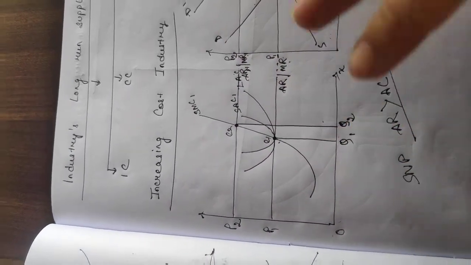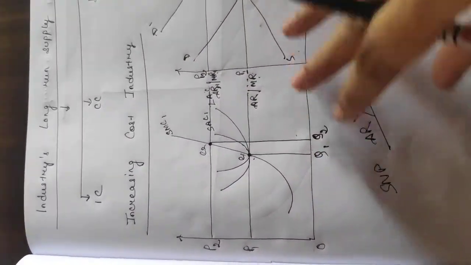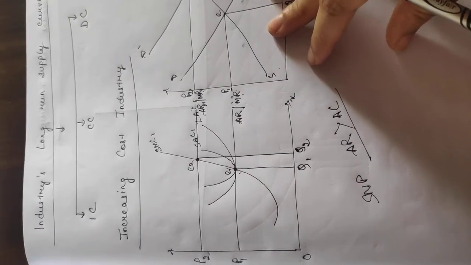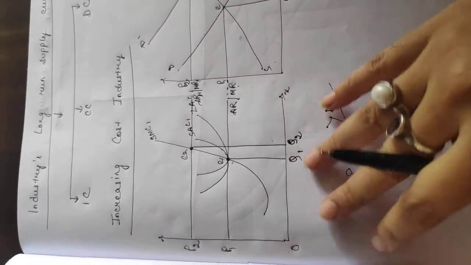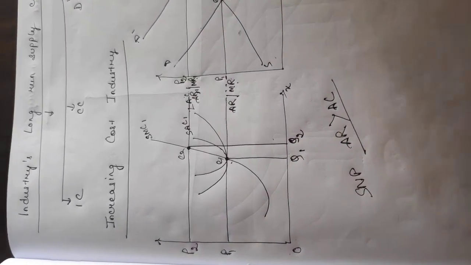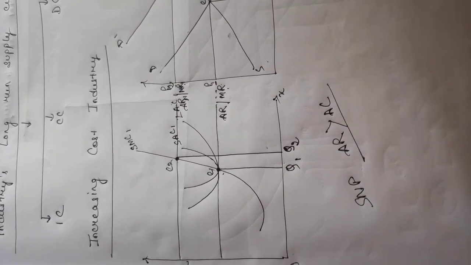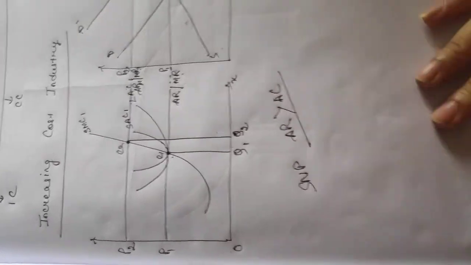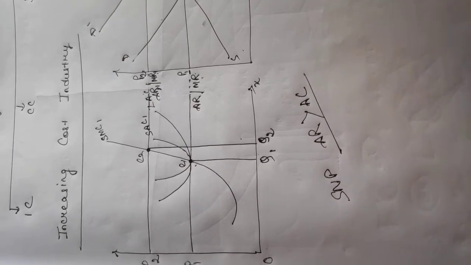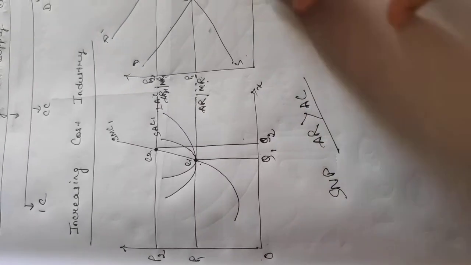That means the firms in perfect competition are earning supernormal profit, and when the existing firms earn supernormal profit, that is excess profit in the market, then the other firms will get attracted into the industry.